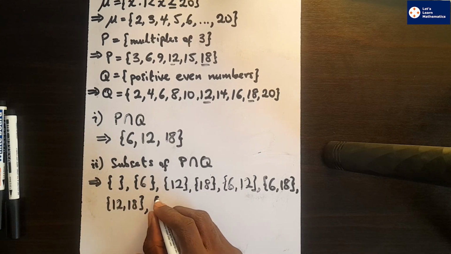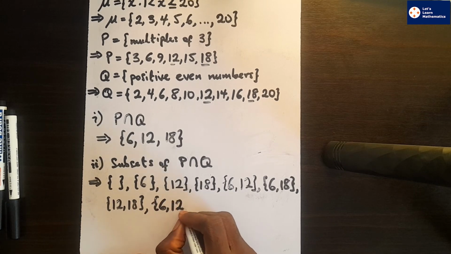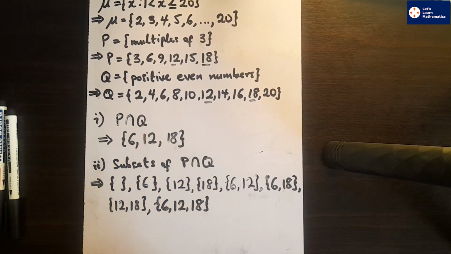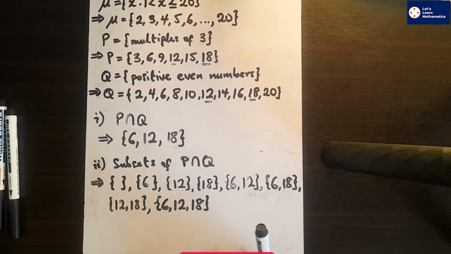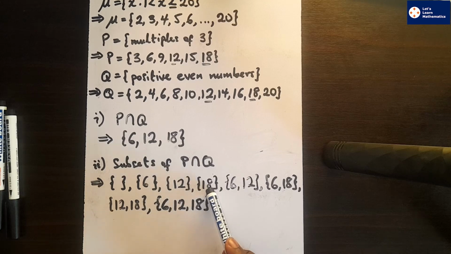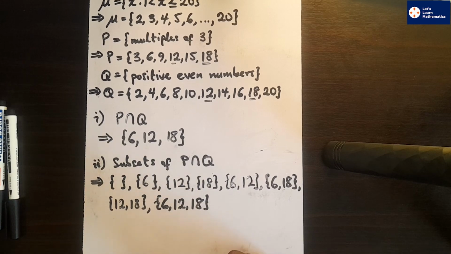So we have 6, 12, and 18. We said there are going to be 8 subsets. So let's count: 1, 2, 3, 4, 5, 6, 7, 8. So we have 8 subsets in all, and that solves our question for us.